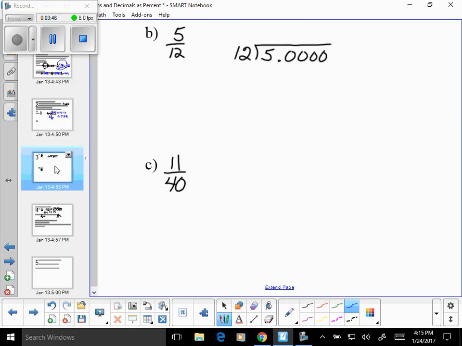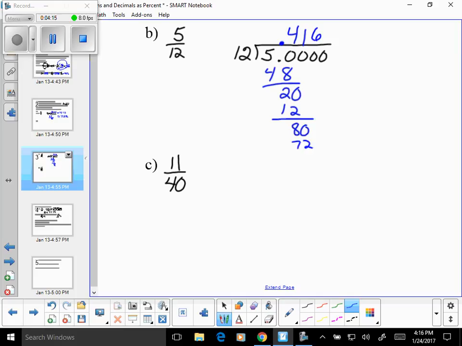Let's look at B. I'm going to divide 5 by 12. Bring my decimal point straight up. I get a 4. 4 times 12 is 48. Leaves me with 2. I bring down a 0. That's only going to go in there once. Multiply by 12. I'm going to get an 8. Bring down that 0. And at this point, I'm going to get 12 into 80 as 6 times.